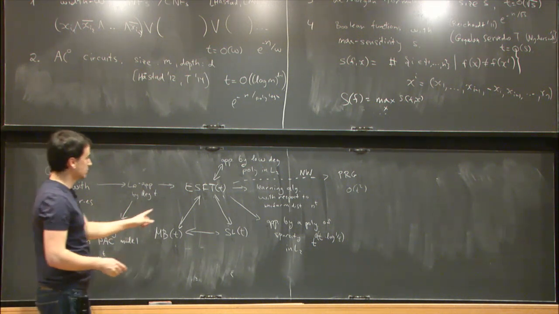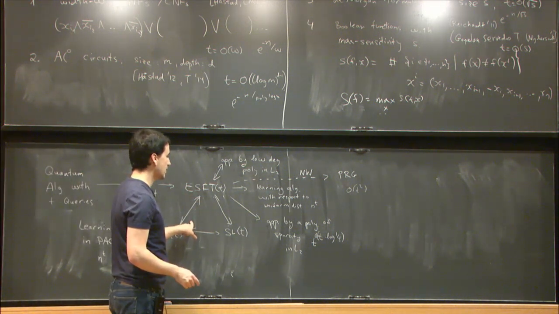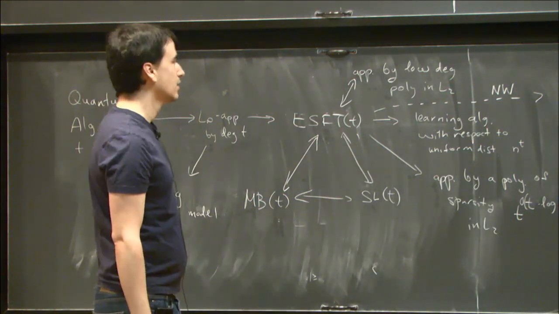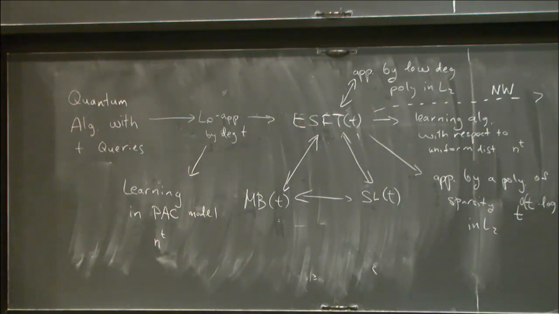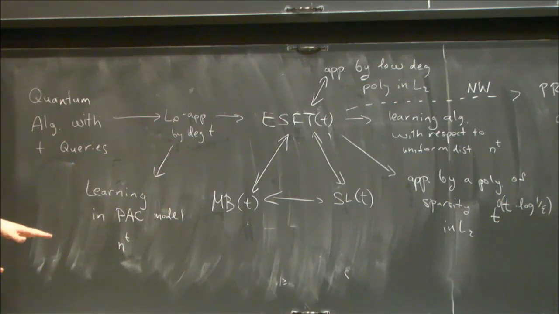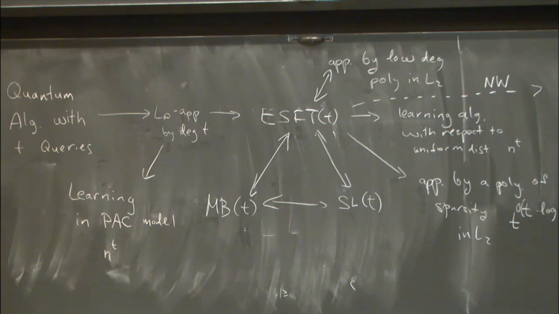So I want to tell you a bit more about this thing, and then I will mention maybe some of the applications to learning. But if you have any question about this picture, it's a good time to ask now. Well, this implies this. Okay, so it requires some notation, but it's not difficult to resolve. Simply, each query that you do to the input, you increase the degree by 1, more or less.